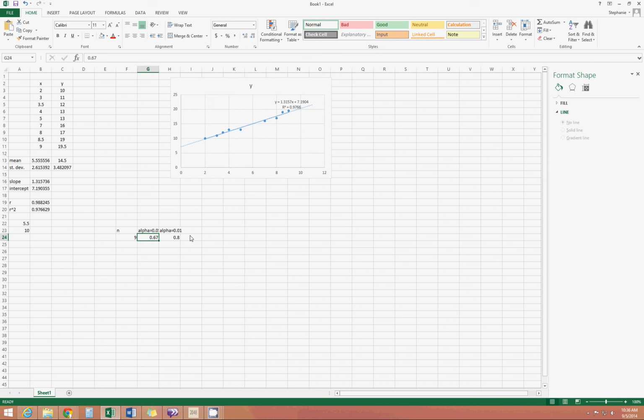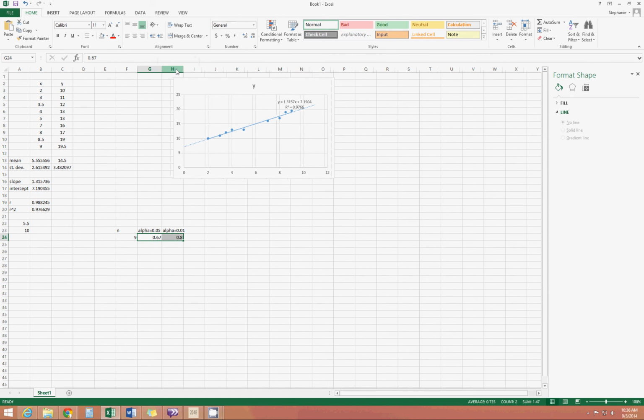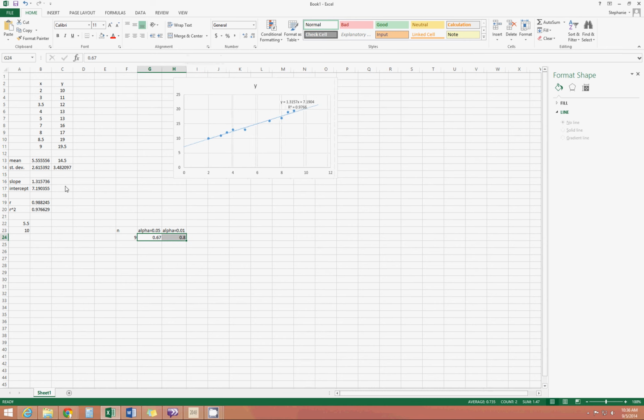Since it is bigger than both of these, it's a significant result. If our R value had been smaller, then it would not be significant. And one thing it does mention in the book is that it's the absolute value of R. So if R was negative, we would just ignore the negative sign. So in this case, I would say that it's significant in both cases.